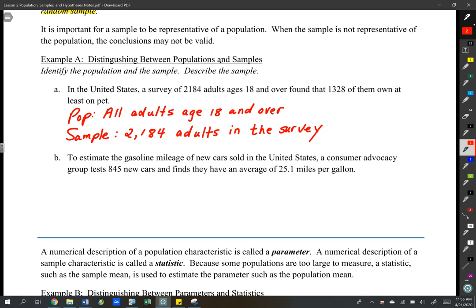To estimate the gasoline mileage of new cars sold in the United States, a consumer advocacy group tests 845 new cars and finds they have an average of 25.1 miles per gallon. So the population here is all the new cars sold in the US.